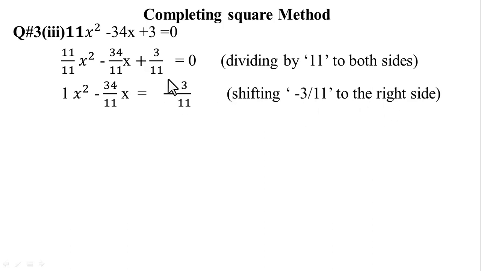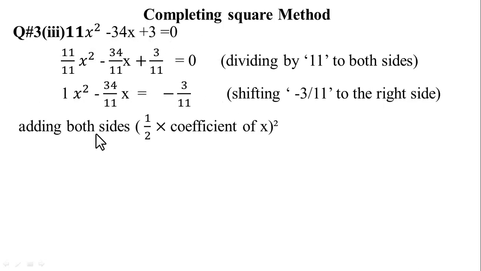Now we complete the square by adding to both sides (1/2 multiplied by the coefficient of x) whole square.